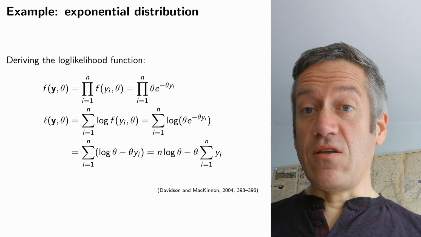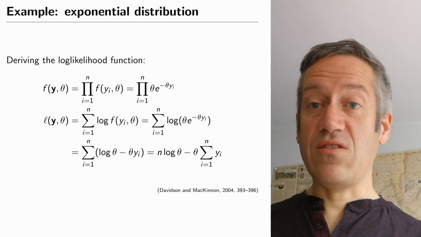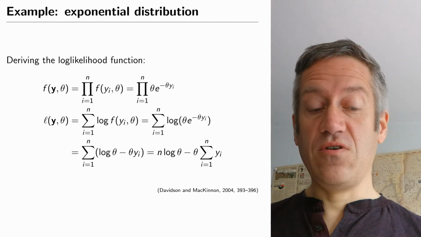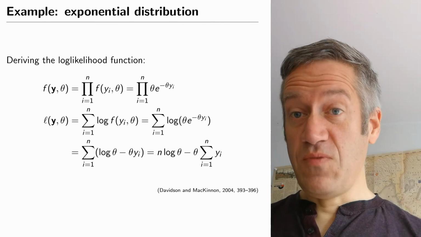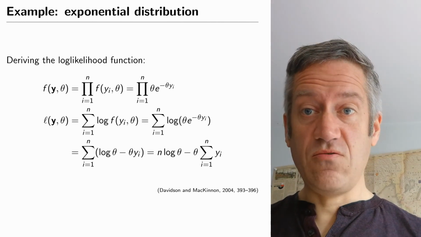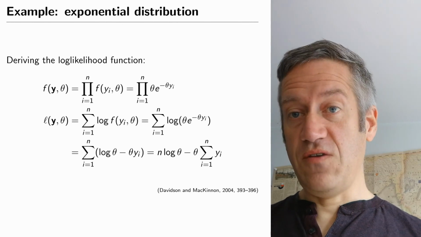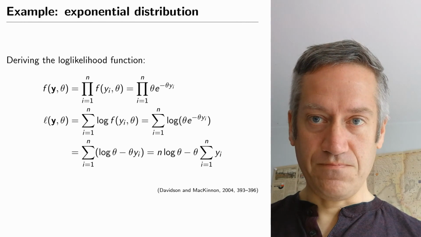And then when you take the log of a product, it becomes the sum of the logs. So instead of the probability density function, we're looking at the log likelihood function. We've switched here from a probability density function to a likelihood function because we're going to focus on how it changes for different values of theta instead of how it changes for different values of y.